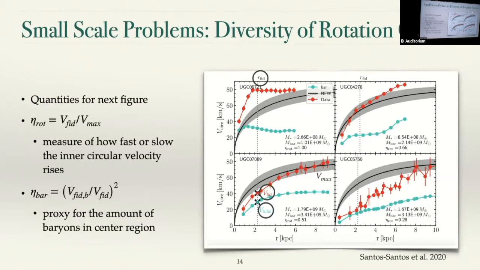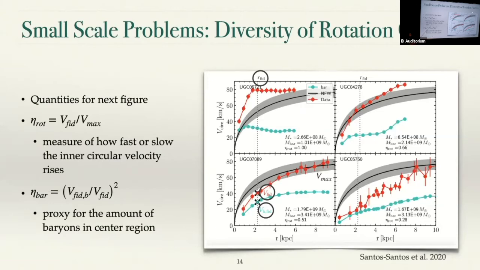Okay, so what's really interesting is these types of objects. And so I said before, you could potentially get them from adiabatic contraction. And so in the next figure that I'm going to show you, we're going to look at that explicitly. So there are a few quantities. There's this fiducial radius. And at this fiducial radius, they define this quantity called eta rot in this Santos 2020 paper, where they look at the circular velocity at this fiducial radius divided by the maximum circular velocity.